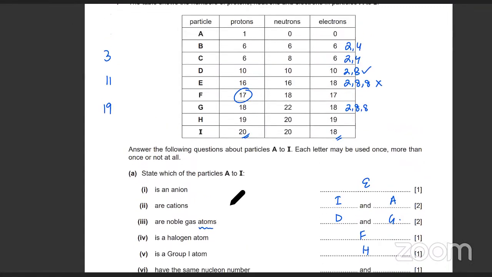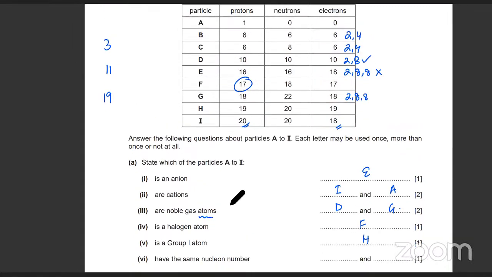Have the same number of nucleons. What's a nucleon? Or what's the nucleon number, क्या होता है? Neutron and proton.